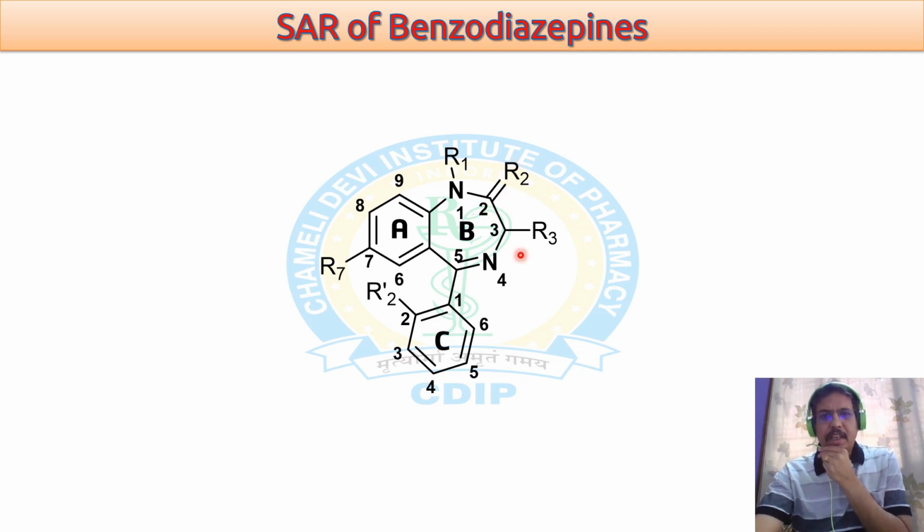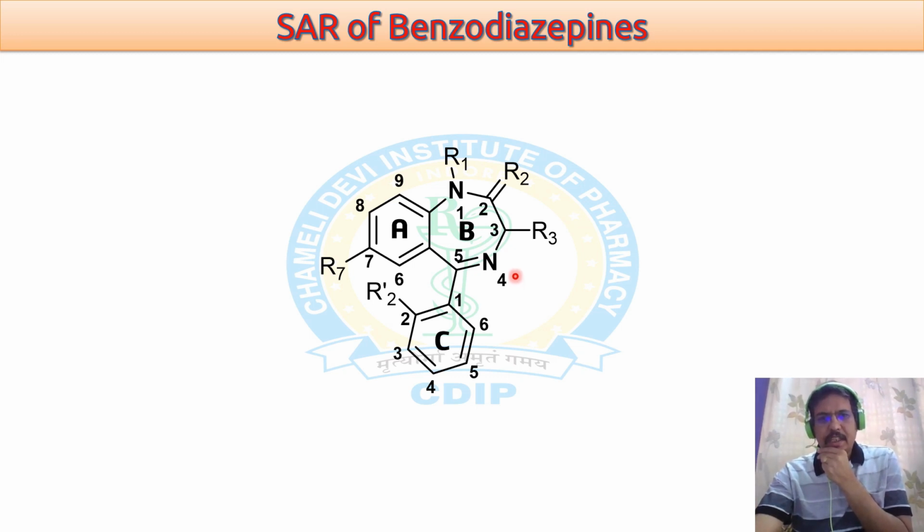Another one is carbon 3, where we go for modification in the form of substitutions. It may be alkyl or some other type of group like hydroxy, carboxylic types of things.